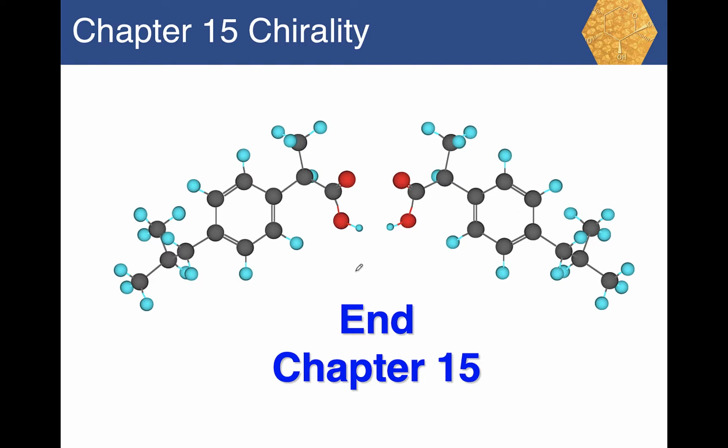Just try to understand the concept. As scientists and chemists, we're not just here to memorize the material and reproduce it. We're here to use this information to become a better scientist, a better thinker, and a better problem solver.